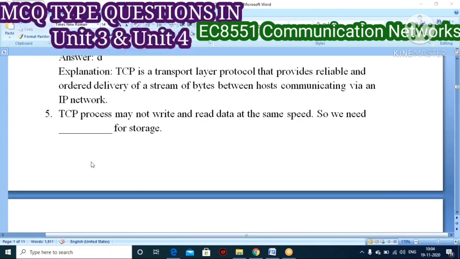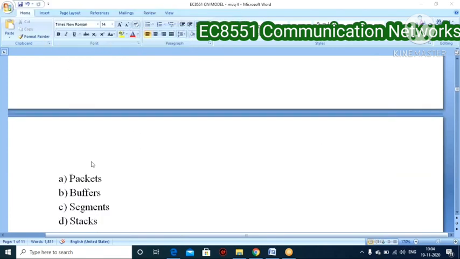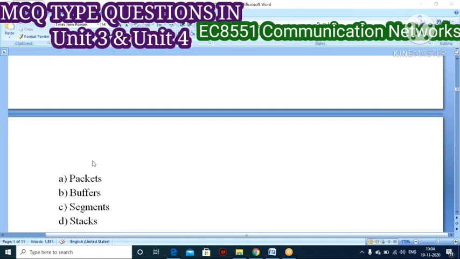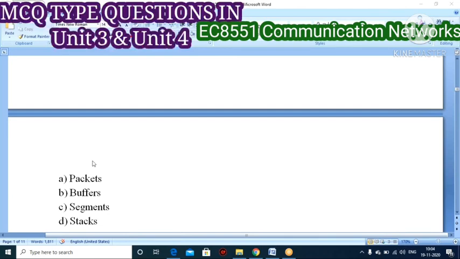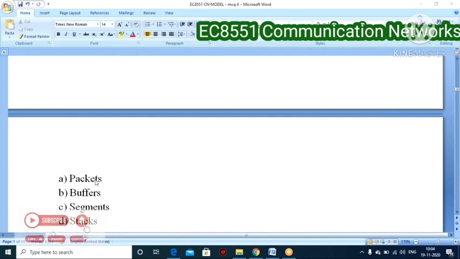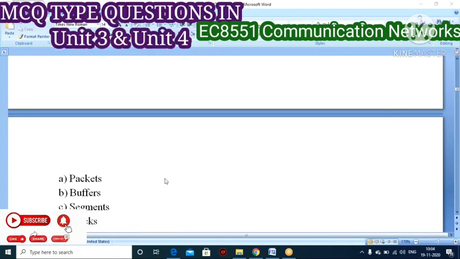Okay, I will show the options also. Option A packet, option B buffer, option C segment, option D stacks. Now we can say the answer. For storage purpose.